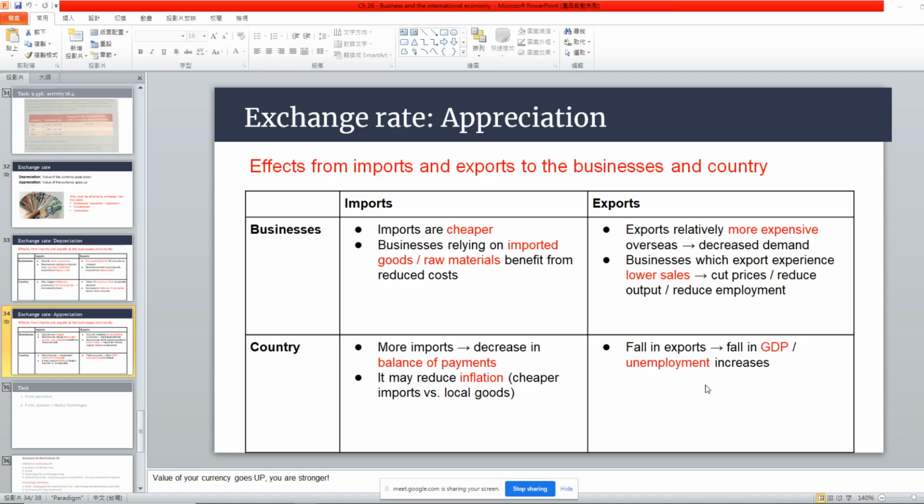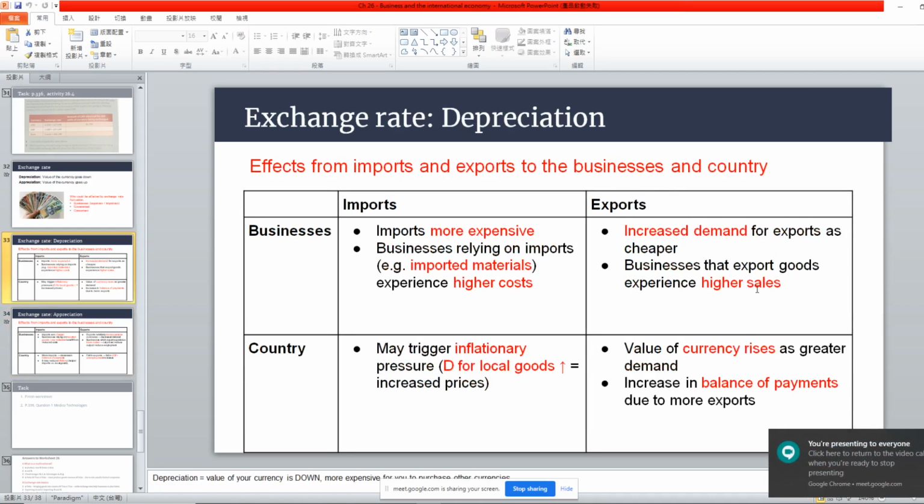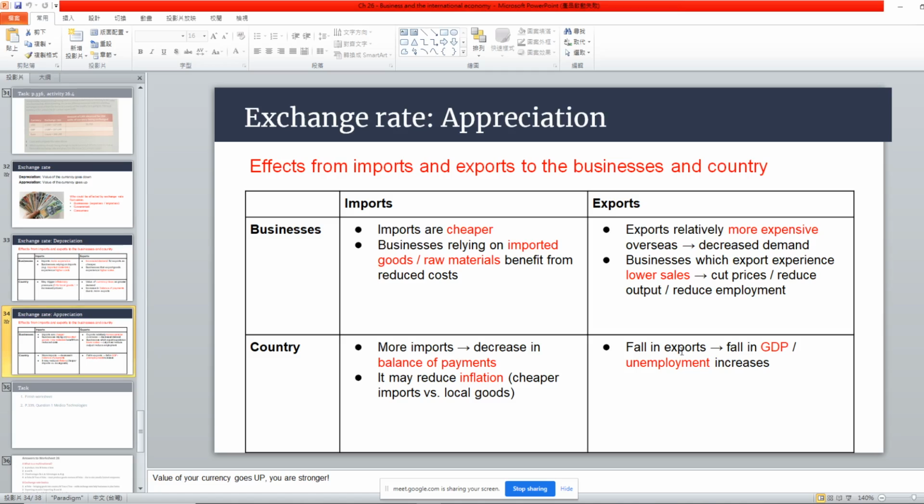And to the country, when there's less in exports, we talked about economic growth just now. When you have higher exports, there should be higher sales, and that might help your economic growth. But now, it might be just the opposite. So there might be a fall in GDP.